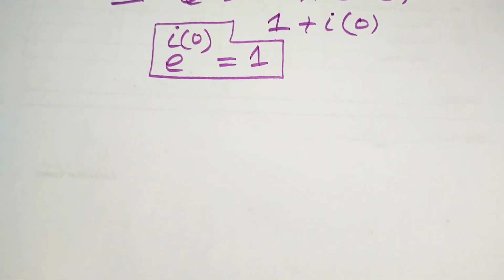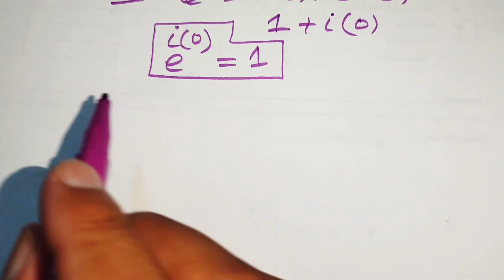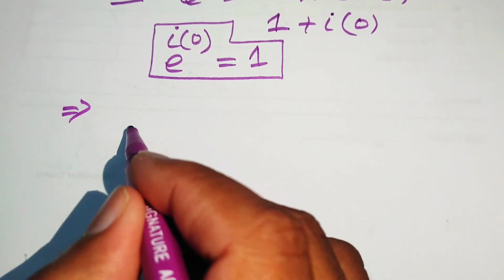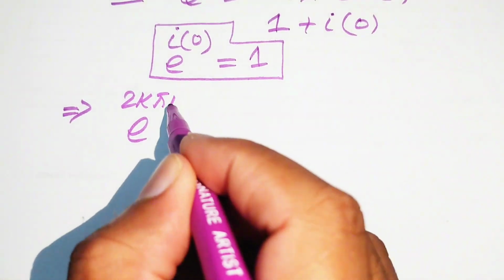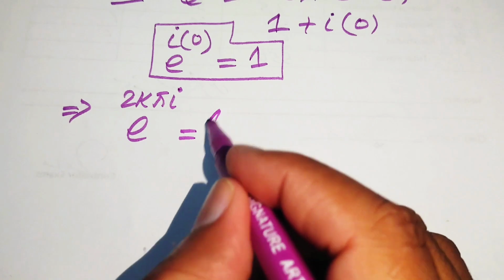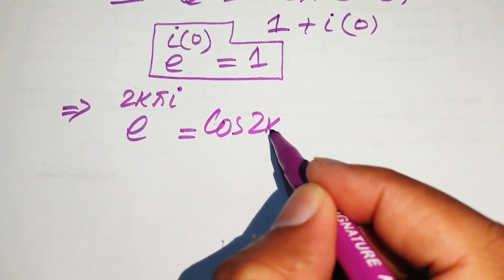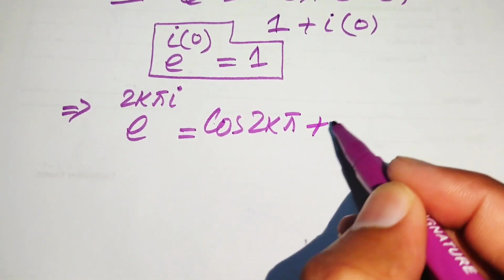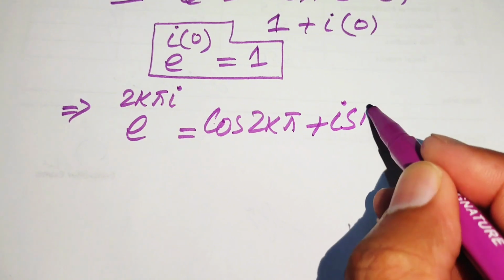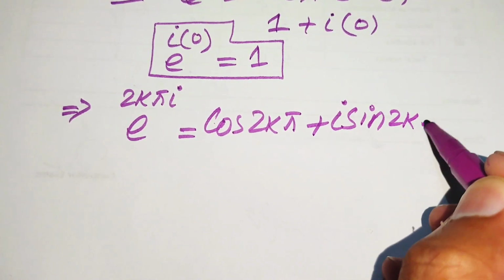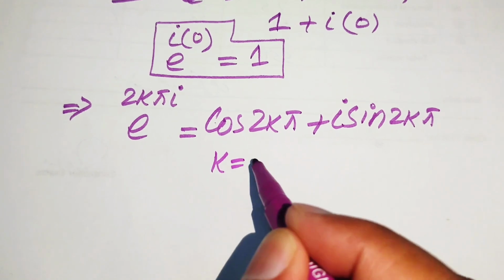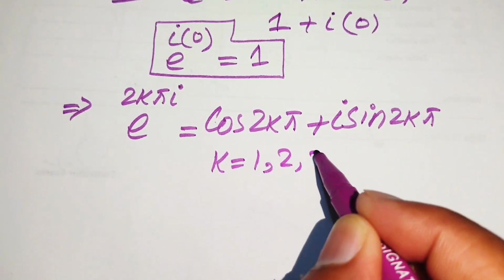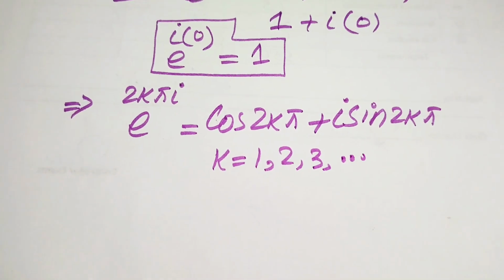Now we take the general Euler's identity here, and we take the general value: e to the power of 2k pi iota is equals to cos of 2k pi plus iota sine of 2k pi. Here the value of k is equals to 1, 2, 3 and so on.